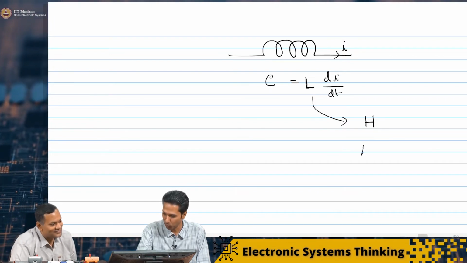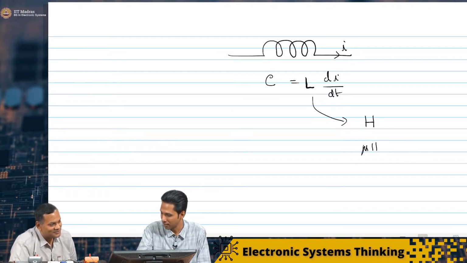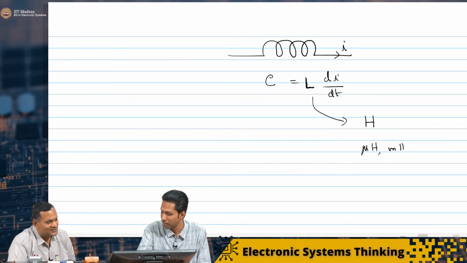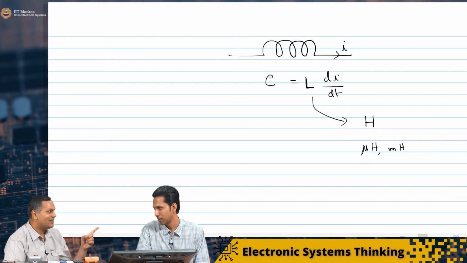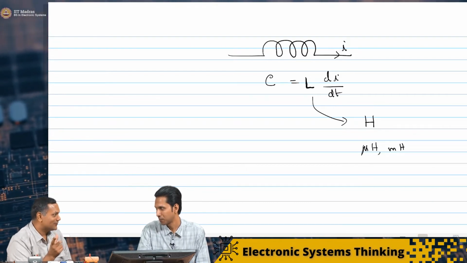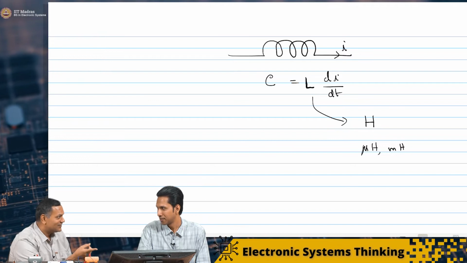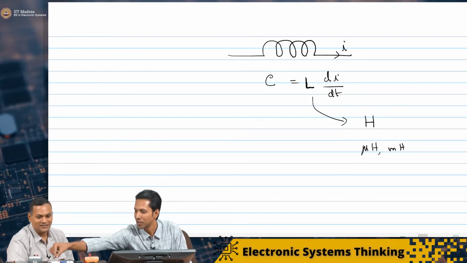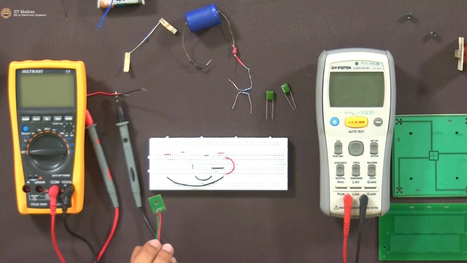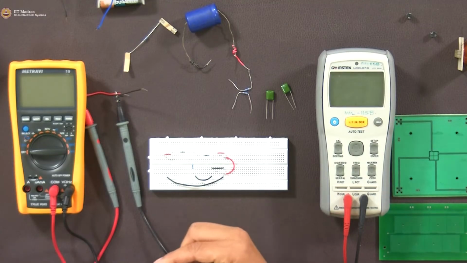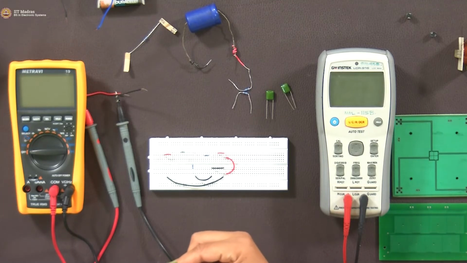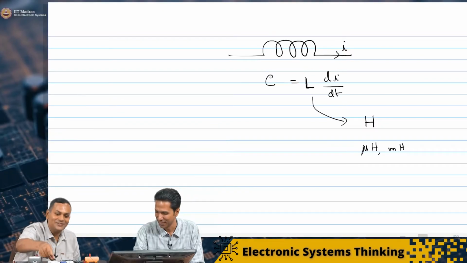Similarly, here mostly you will see in the micro Henry range, and some in millihenry range. And I'm sure if you pick those cell phones, there must be some inductors, very small, in nanohenries.